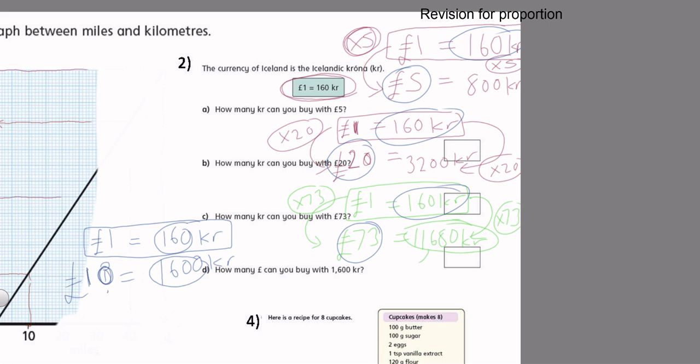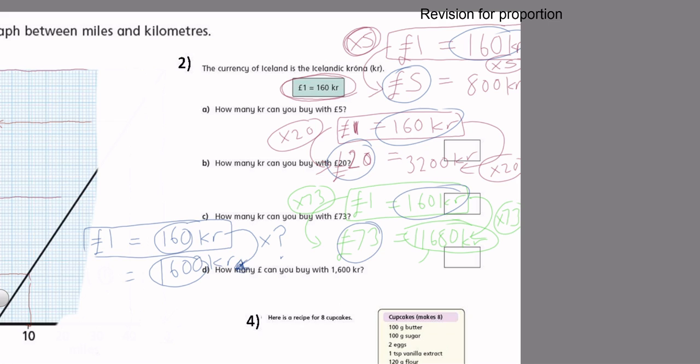What you could have done is this, if you bear with me for a moment. You could have thought, what do I times 160 by to get 1,600? 160 multiplied by something to give me 1,600.